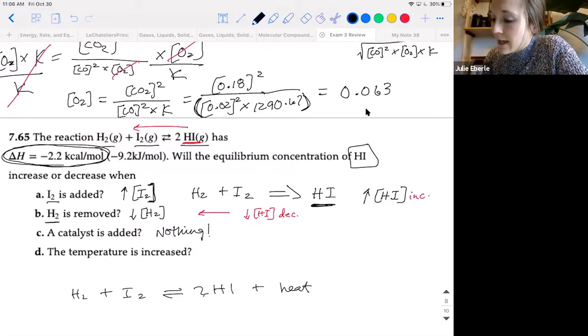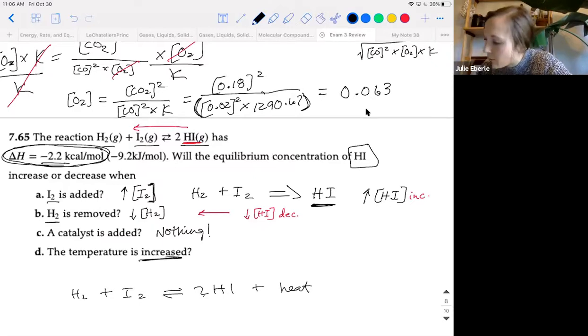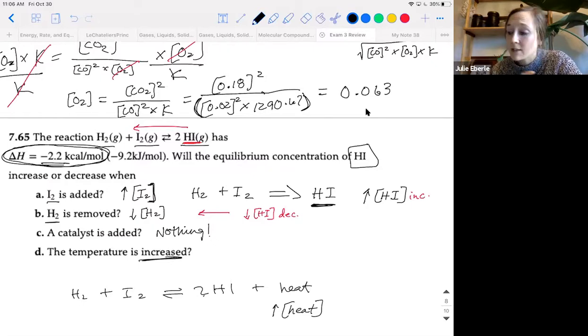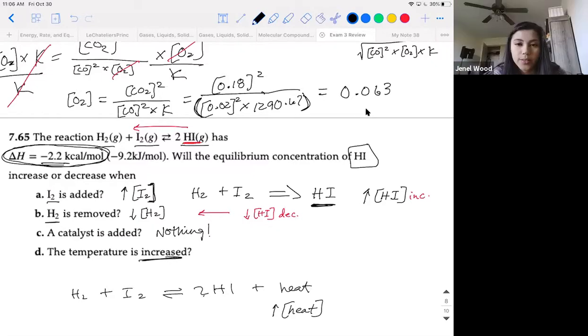So if delta H is negative, we have heat as a product. If we are increasing the temperature, that is like increasing the concentration of heat. We're increasing a product. How is that going to cause equilibrium to shift, towards the reactants or towards the products? Left towards the reactants. Correct.